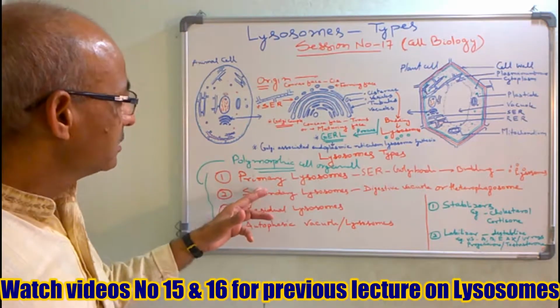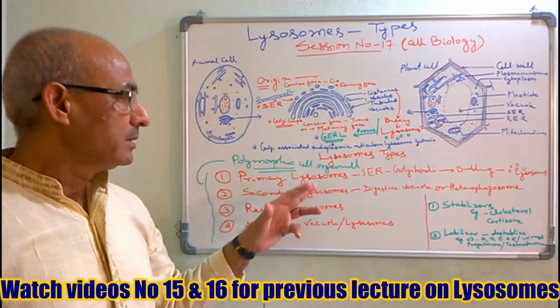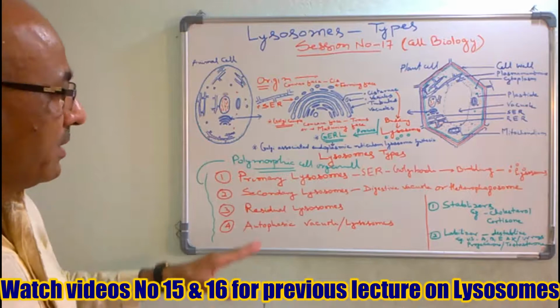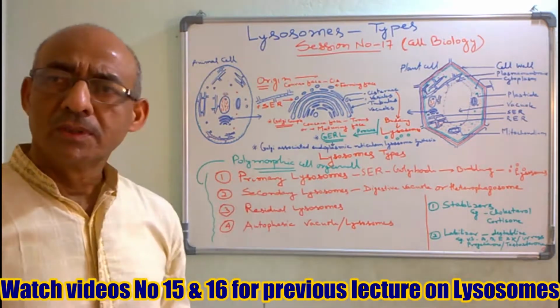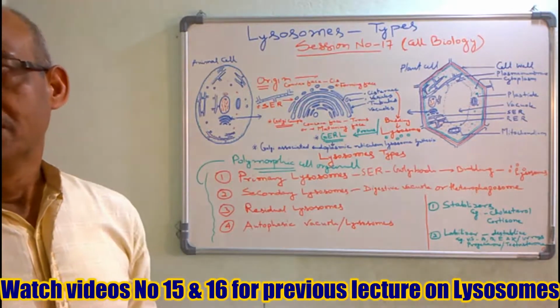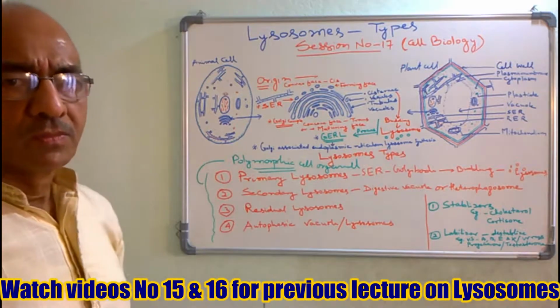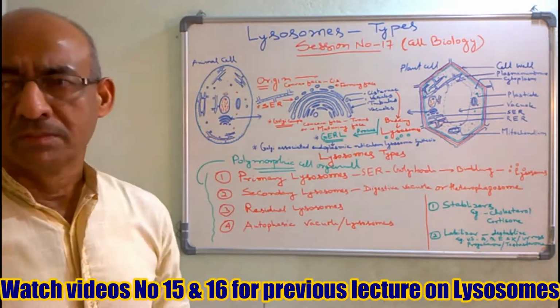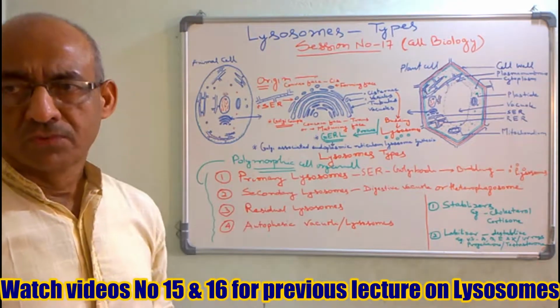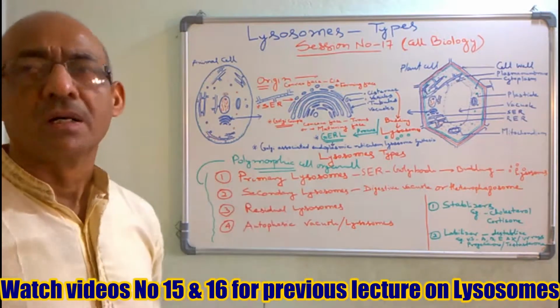The first form is primary lysosomes. The primary lysosome is the first form based on its origin. From there its journey starts.